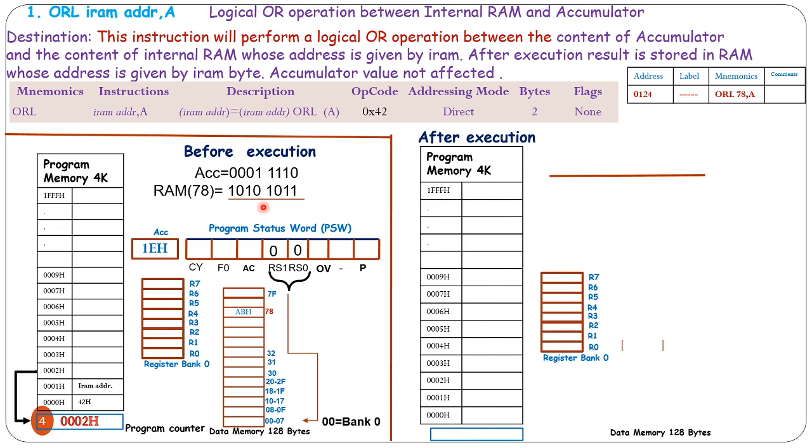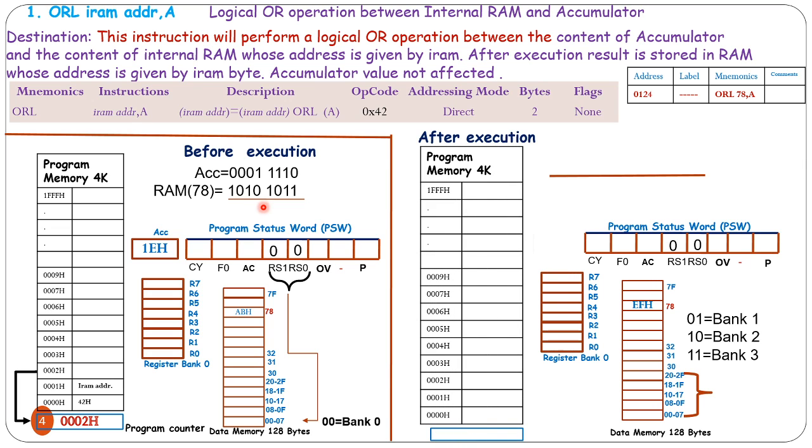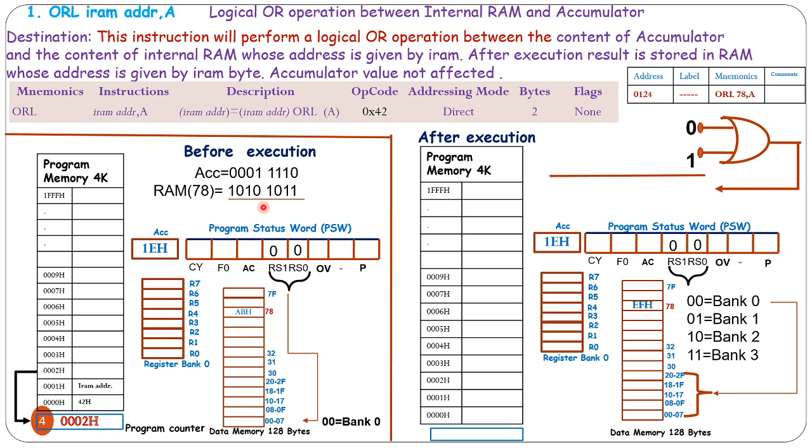After execution, the result will be like this: 0 OR 1 gives 1, 1 OR 1 gives 1, 1 OR 0 gives 1, 1 OR 1 gives 1, again 1 0 1, 0 1 1, 0 0 0, and 0 1, again 1. So this gives us the value, 4 bits each: this is E and this is A.